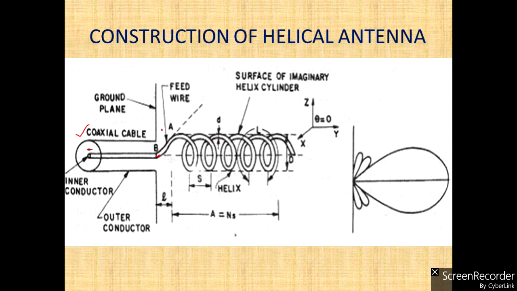And the inner conductor we are going to wound according to the axis of the coaxial cable. So we have an axial direction. This is the axis of the coaxial cable.